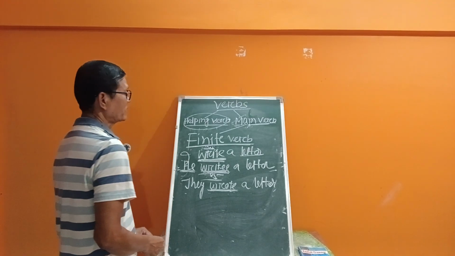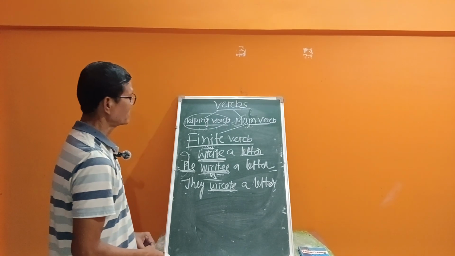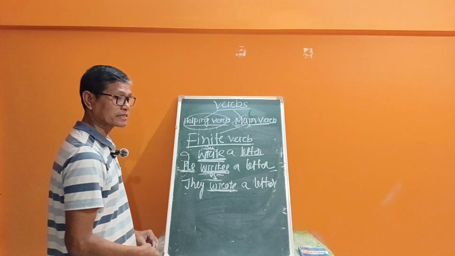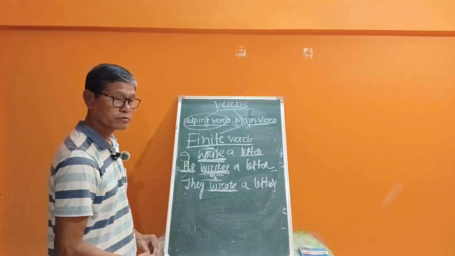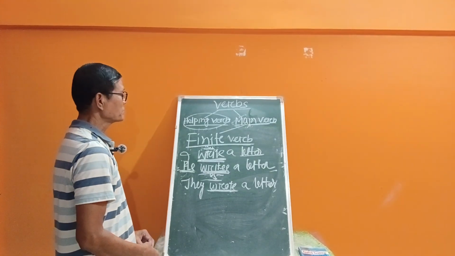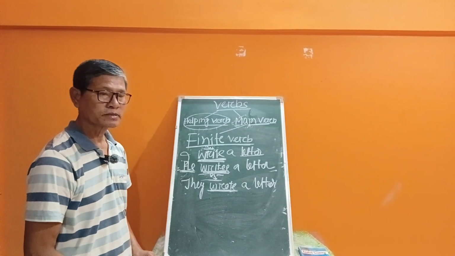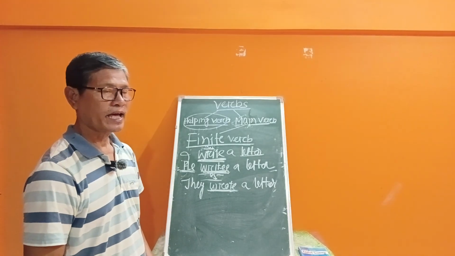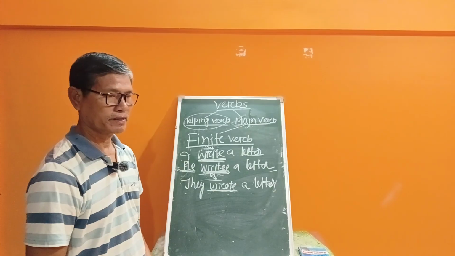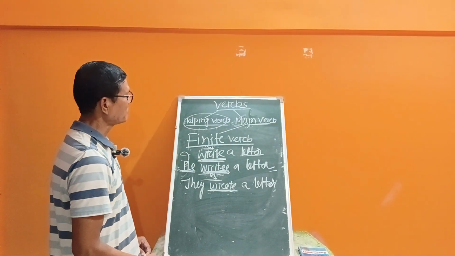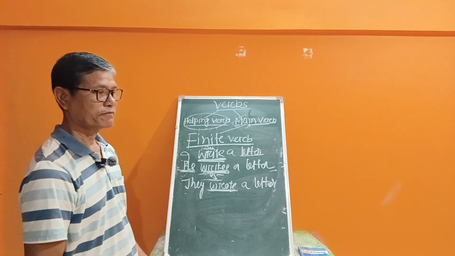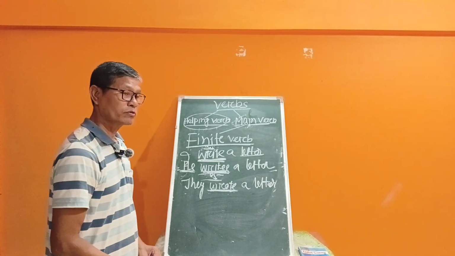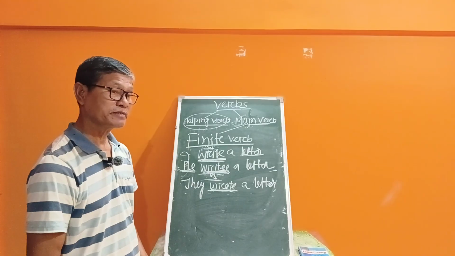That's why I mean to say that if the tense is changed, the form of the verb will be changed, isn't it? If the person is changed, the form of the verb will also be changed. That's why finite verbs are the verbs which change according to the tense and persons and number, isn't it? The finite verbs have to change time to time, according to the change of the tense.